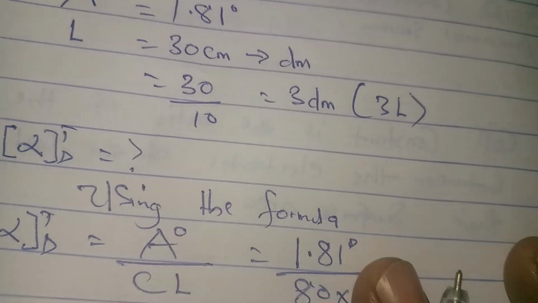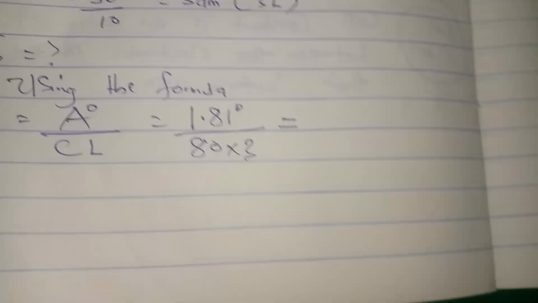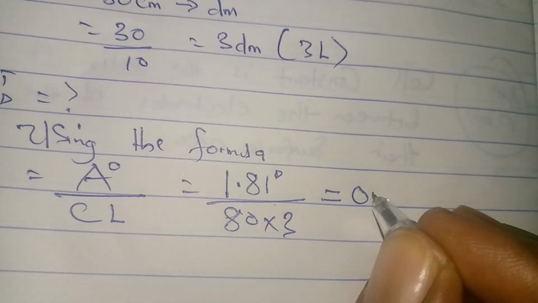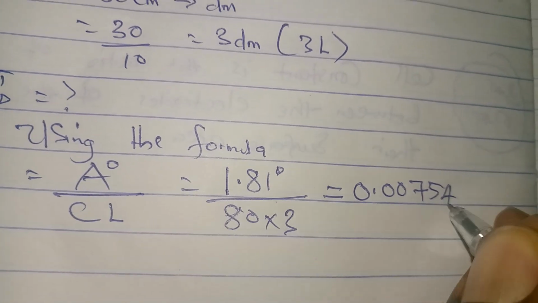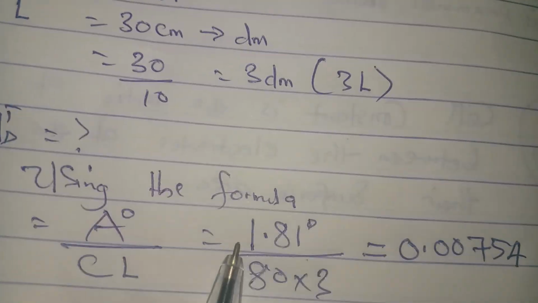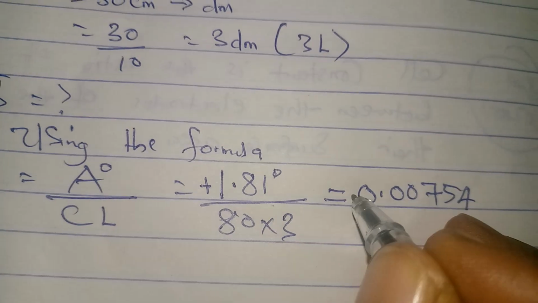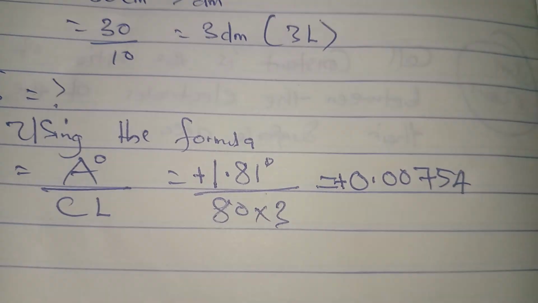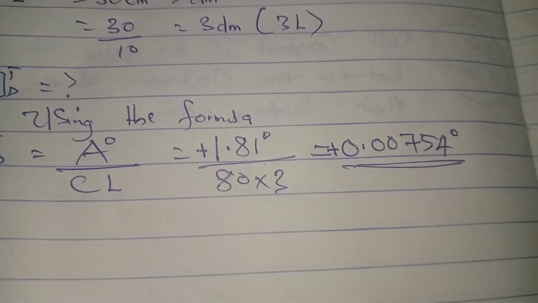So if I make use of my calculator with this, I am going to have the answer to be 0.00754. And by the way, your observed rotation was given in positive, so it's going to be in positive degree. Do you understand?